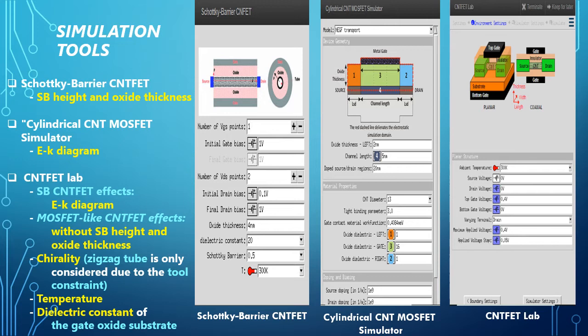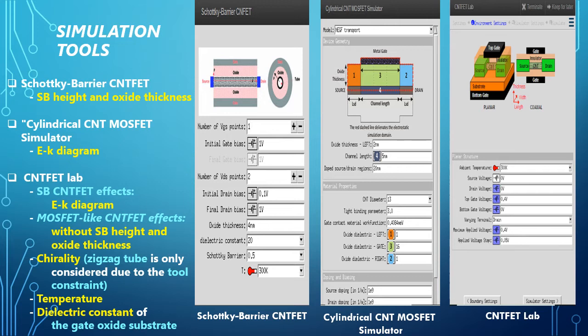Among these three, I mostly chose the CNTFET lab because it has the capability to change the parameters mostly. So the thing is that the zigzag tube is only possible for the CNTFET lab.